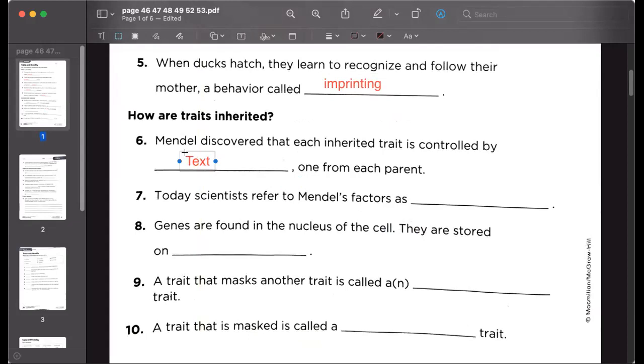Now number 6 on the same page. Mendel discovered that each inherited trait is controlled by dash factor, one from each parent. So how many factors? 2 factors.